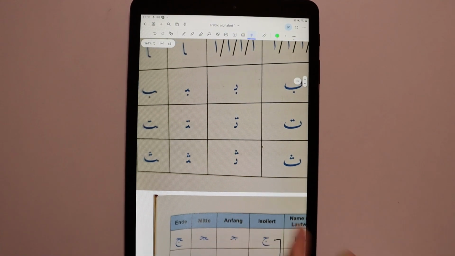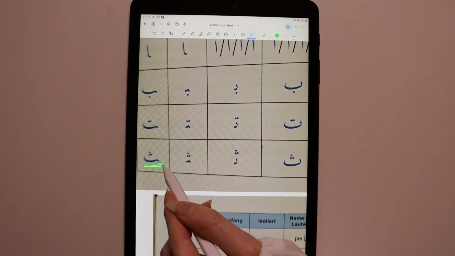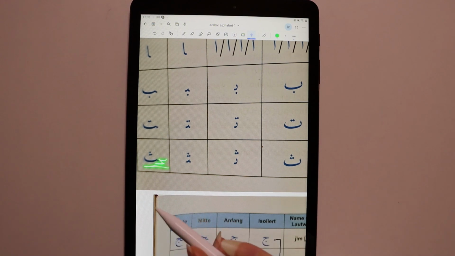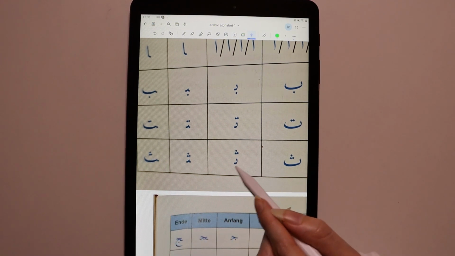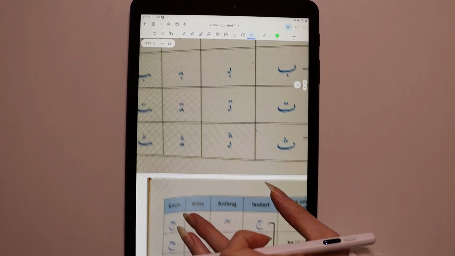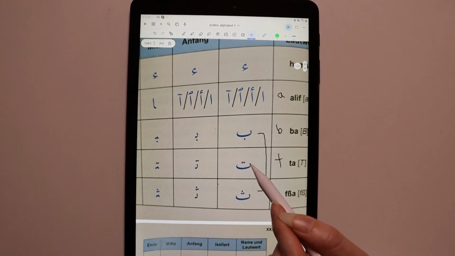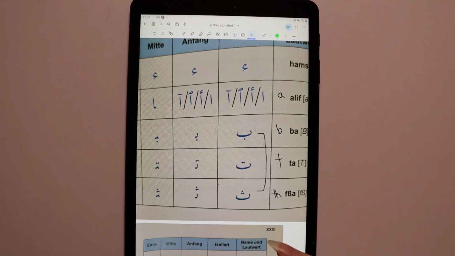And then again, the isolated form looks just like the last form, but the last form is connected. And then the beginning and the middle form, they also look similar. So alif, ba, ta, tha.